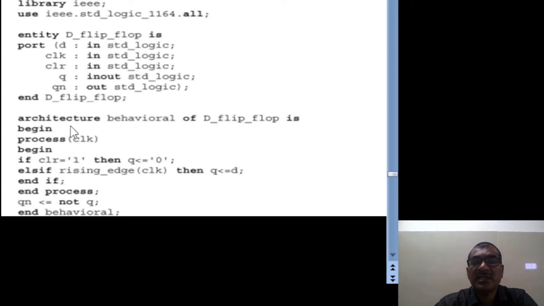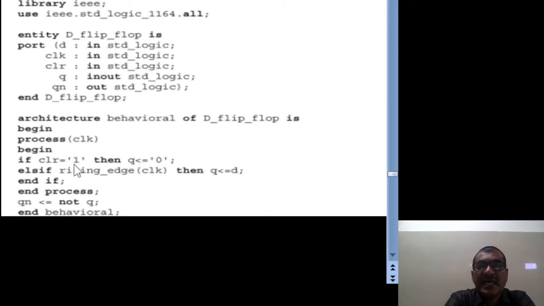Since clear is also used, first of all they check the clear signal. Clear is an asynchronous input to the D flip-flop.